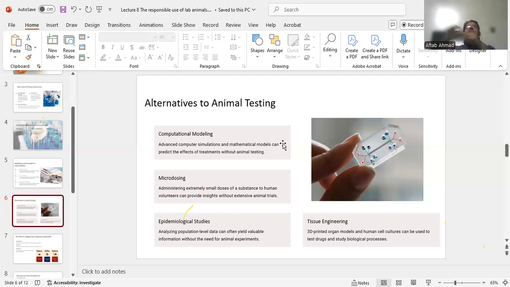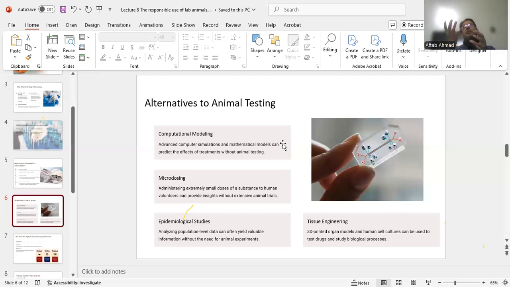It's not a 2D kind of thing; it's 3D. 2D is where we grow the cells, put the drugs on, and see the effect of that drug, like the tissue culture research work we are doing. But in 3D, we can actually grow those cells in a 3D model.